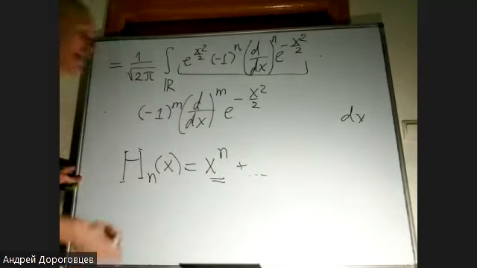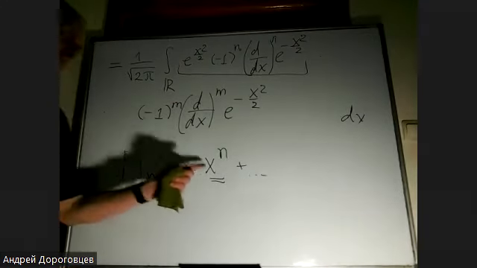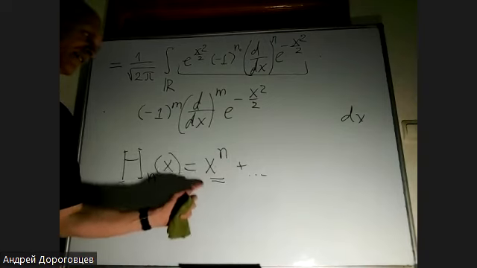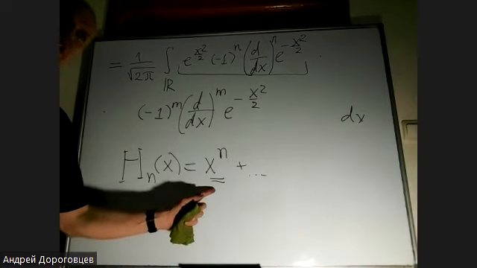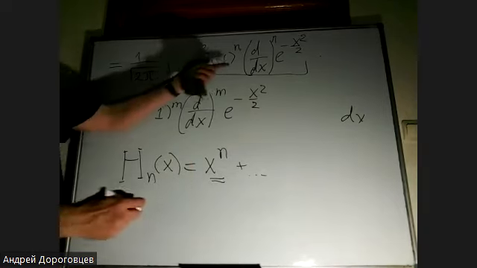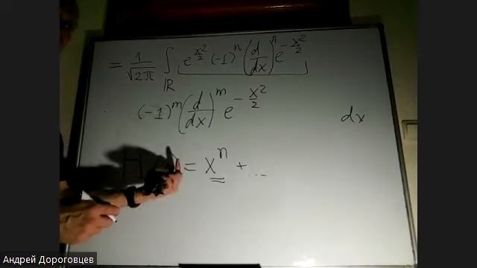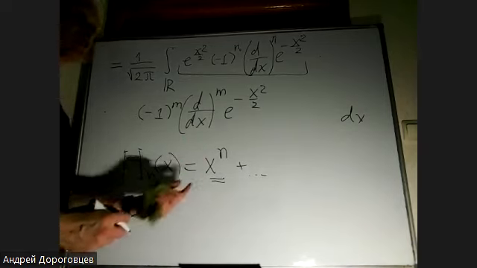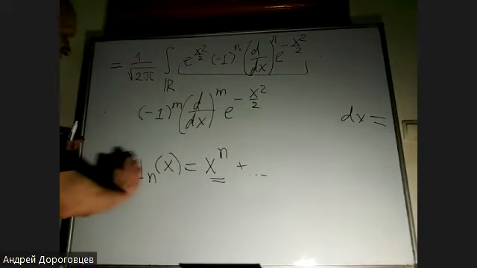So the term with the greatest power has the following form. Due to this, after taking the derivative n times, we get n factorial. So it is exactly what we need.